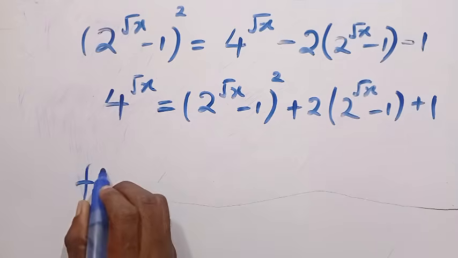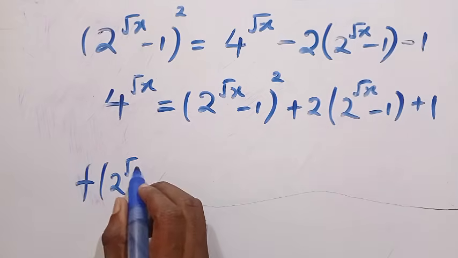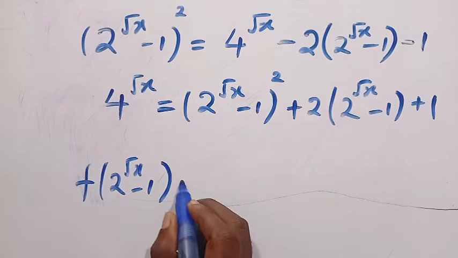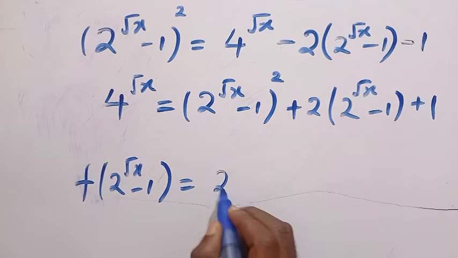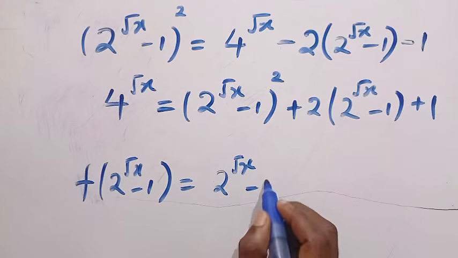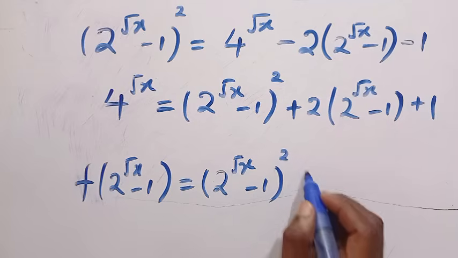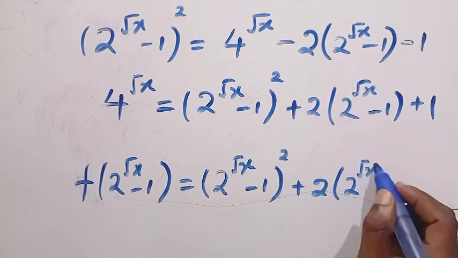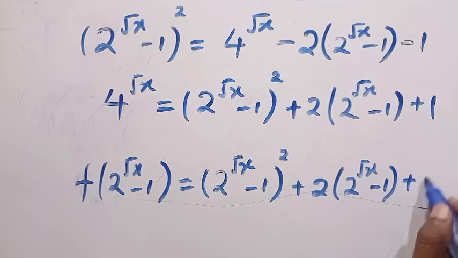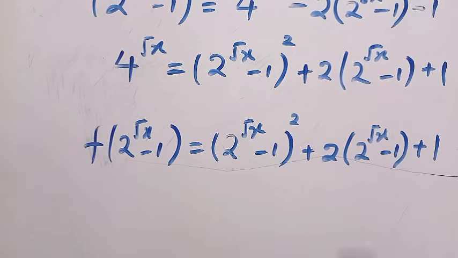We have f(2^√x − 1) equals, for every 4^√x, we have it as (2^√x − 1)², then plus 2(2^√x − 1), then plus 1. So let's replace 2^√x − 1 with x.